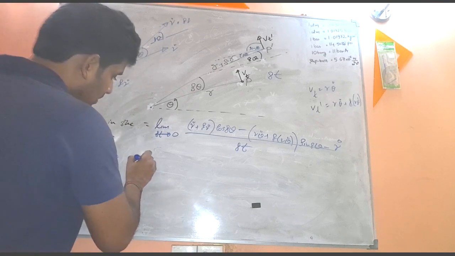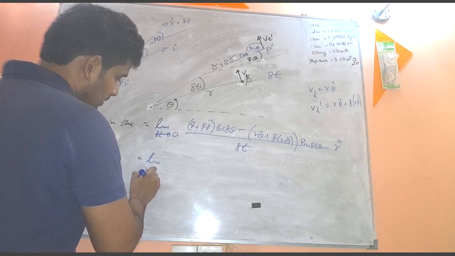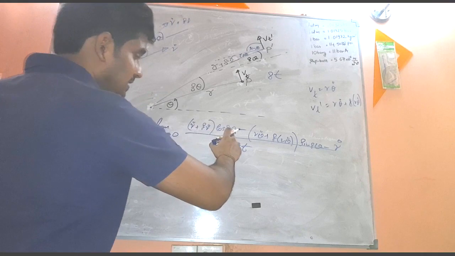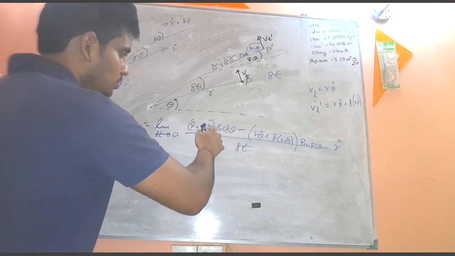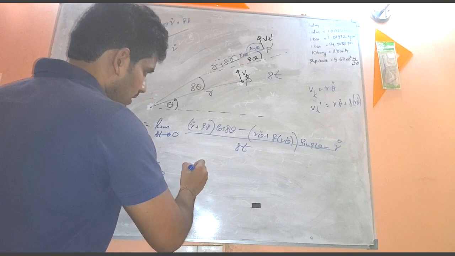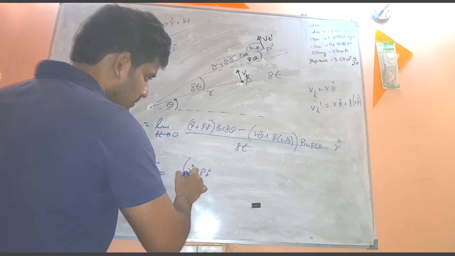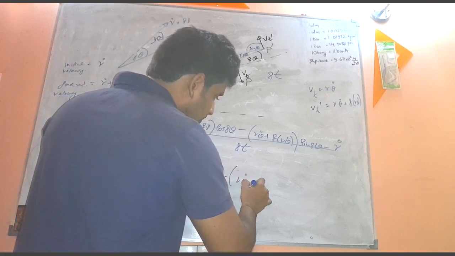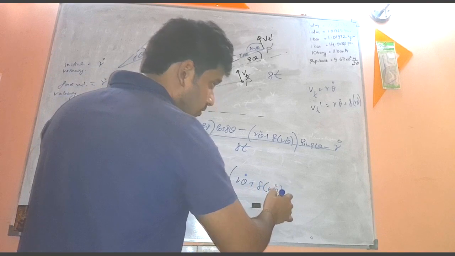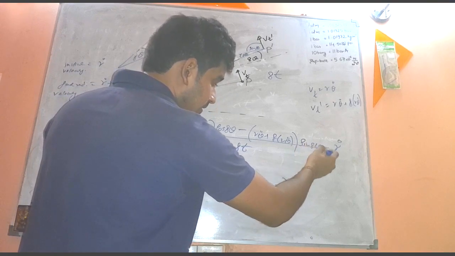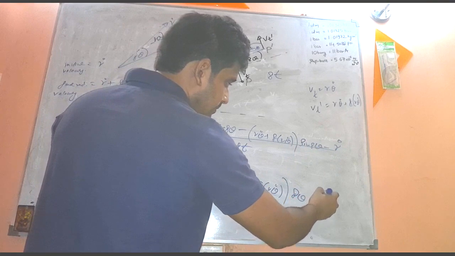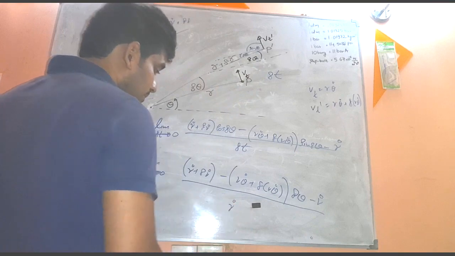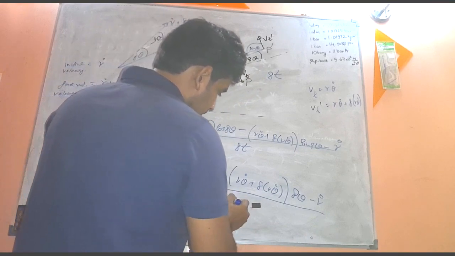So the limit becomes r dot plus delta r dot, minus r theta dot plus delta r theta dot, times delta theta, minus r dot, divided by delta t.